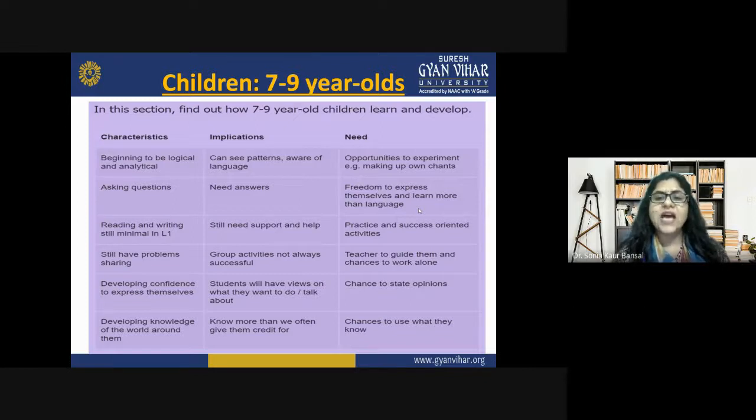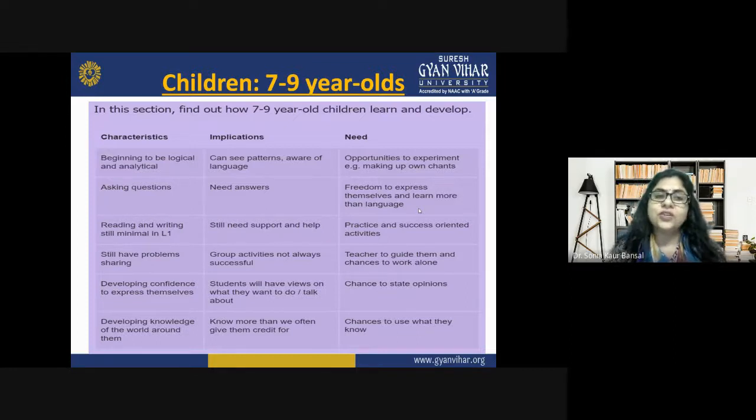But this is the time where opportunities to experiment must be given to the students, making their own chances. This is how the students learn, by experimenting. As a teacher, you must give them lots of opportunities to understand what they are learning. Then this is the time when they ask lots of questions. Seven to 9 year old children ask lots of questions.